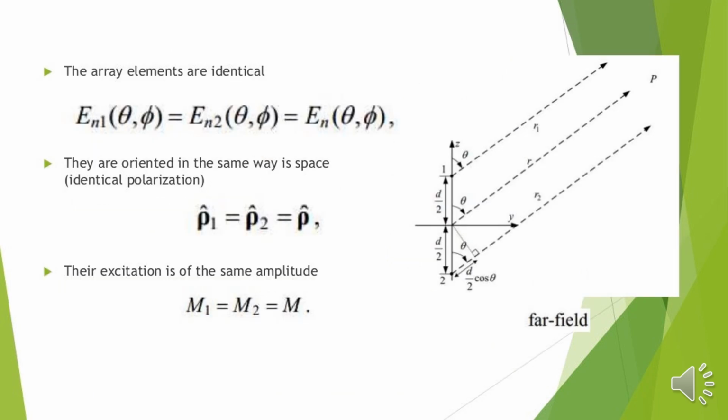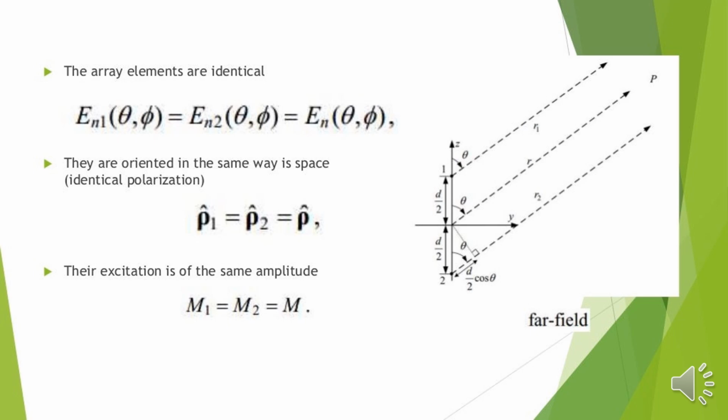When these array elements are identical, they can be given by a single expression: En1 of theta, phi is equal to En2 of theta, phi is equal to En. They can be oriented the same way with identical polarization, that is rho 1 is equal to rho 2 is equal to rho.